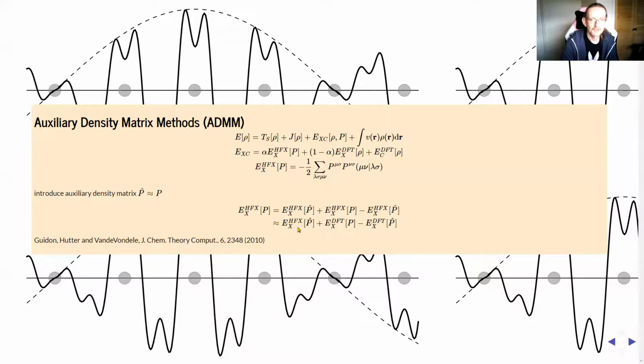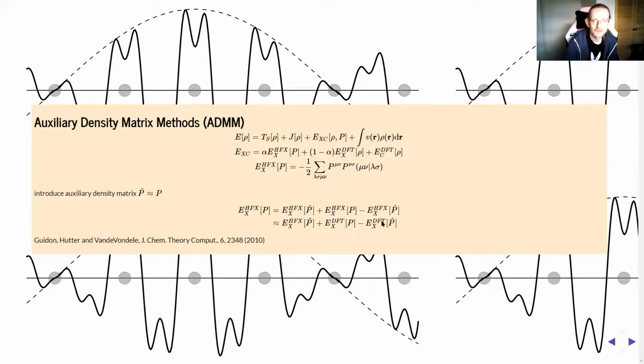So we'll calculate the Hartree-Fock exchange in this smaller basis set, but we approximate this difference in the Hartree-Fock energy between the calculation in the two different density matrices by, instead of doing Hartree-Fock exchange, we calculate some approximate DFT, some semi-local DFT based on these two different densities.